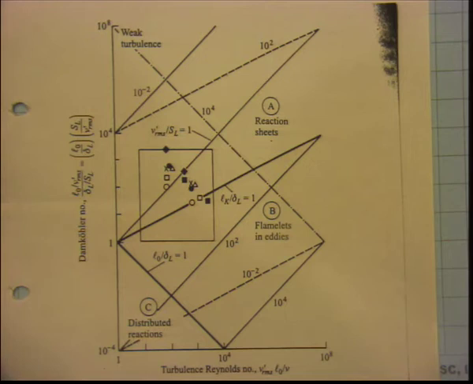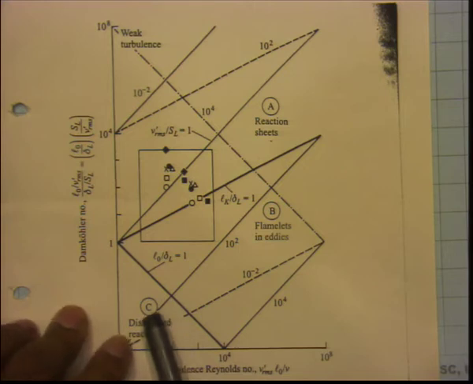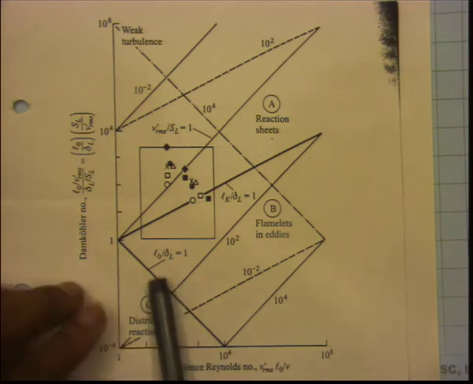And what was the other extreme? We said that delta L is in fact even more than the integral length scale. That is the distributed reaction regime. In this zone, this is C, delta L is in fact more than LO, so LO by delta L is less than 1.